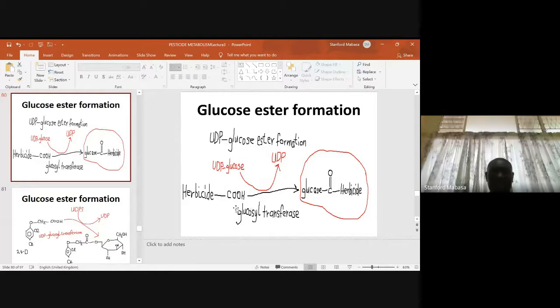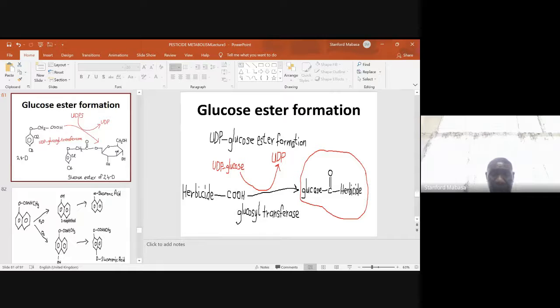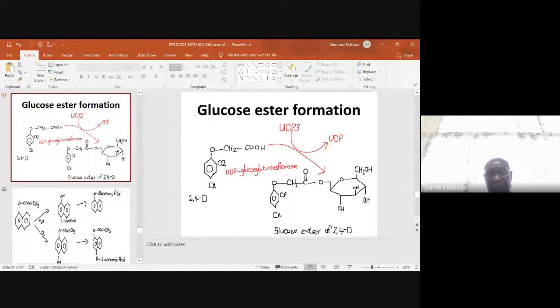And we need glycosyl transferase to facilitate this reaction. Here we've got 2,4-D combining with sugar, forming glucose ester of 2,4-D. And then the herbicide is no longer toxic.